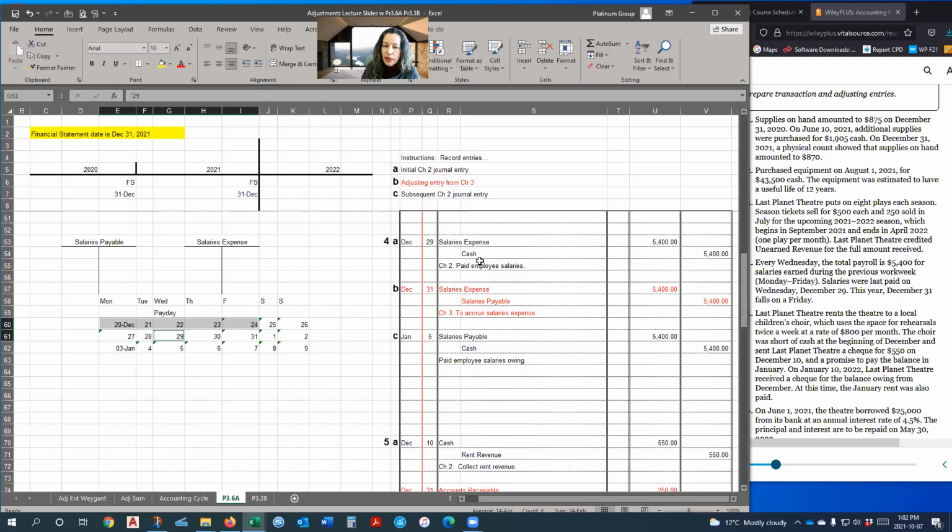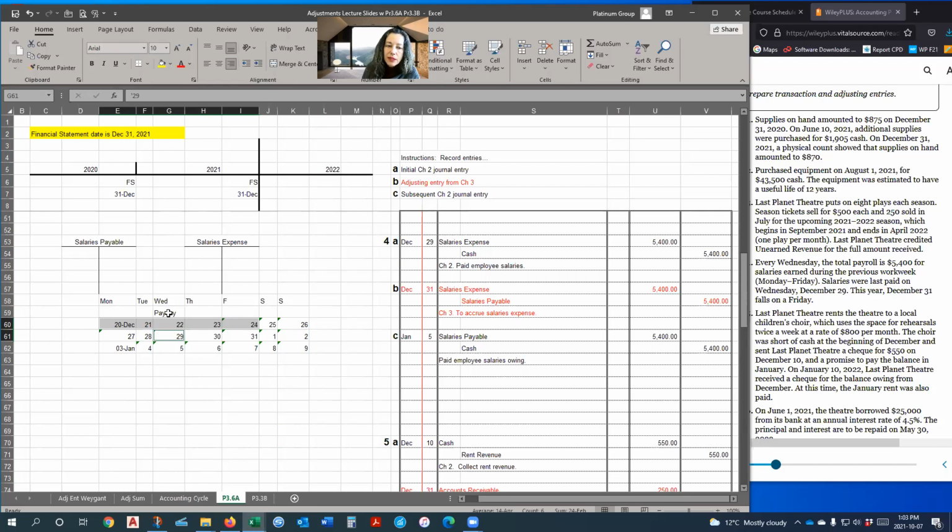And so we've got a debit to salaries expense, credit to cash. This is our chapter 2 entry. So on the 22nd, we would have had the same entry and employees would have been paid for the previous week, which would have been approximately December 13th to December 18th, Monday to Friday, the previous week.